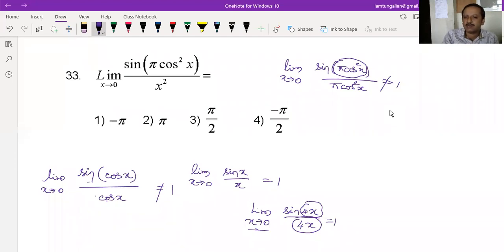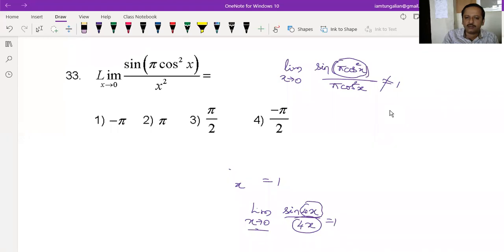Similarly here, when x approaches 0, this pi into cos square x does not approach 0. Therefore, you cannot write this as 1. Because when x approaches 0, cos x will approach 1. So if it is approaching 0, then only you can use this formula.